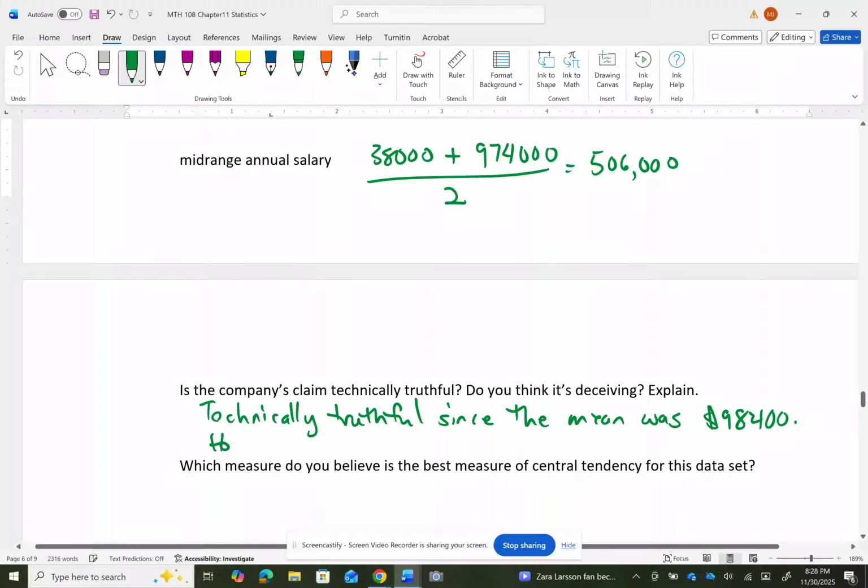However, it feels deceitful to me since only one person makes more than that.